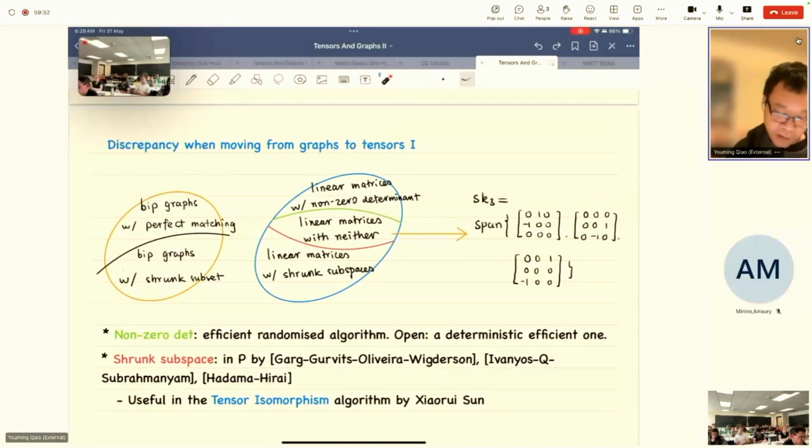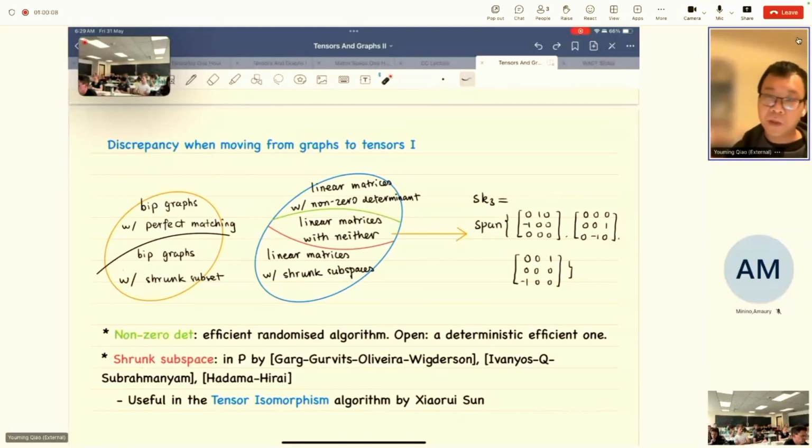And another surprising thing, because we have been mostly talking about tensor isomorphism, right? Another surprising connection is that this strong subspace problem turns out to be useful in the tensor isomorphism algorithm by Xiaorui Sun.